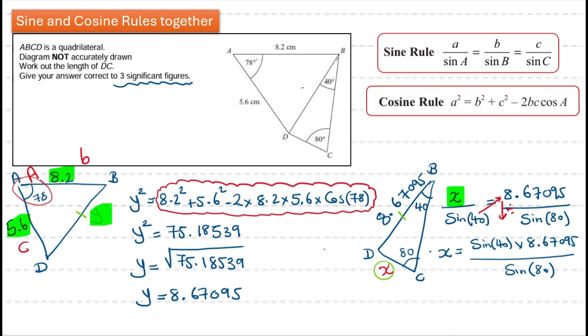And after typing this into our calculator and reading from the screen of our calculator, we round the answer to 3 significant figures, which will be 5.66 centimeters.